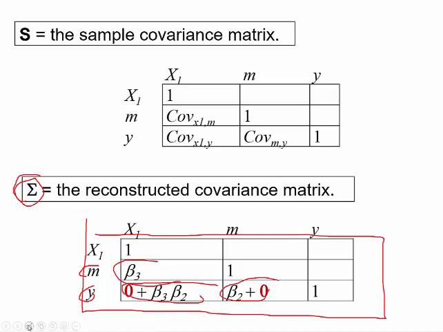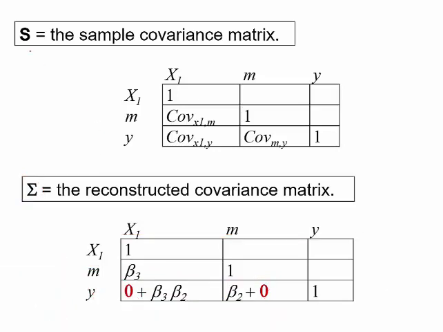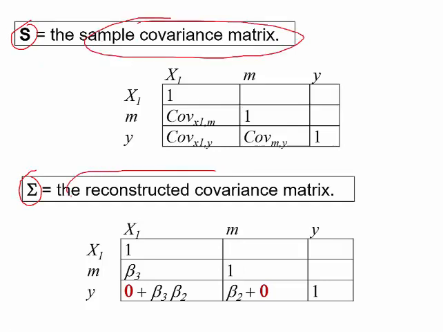And because I have a constraint, what that means is S will not equal sigma. My sample covariance matrix will not be the same as my reconstructed one. Now, if I had a saturated model, with 0 degrees of freedom, where I was estimating the same number of parameters as I had covariances in my model, then I could perfectly reconstruct it.